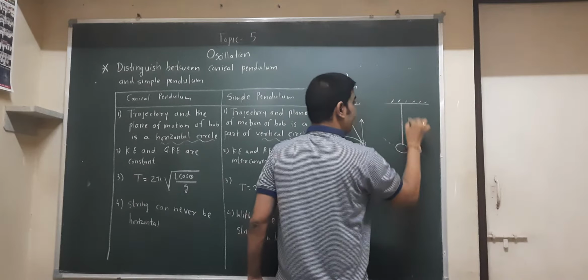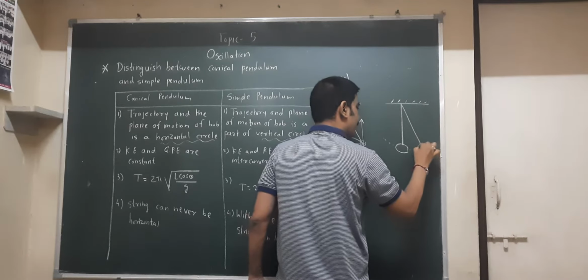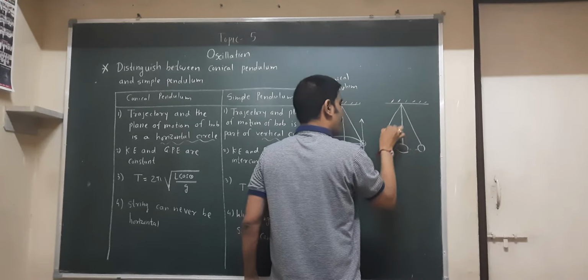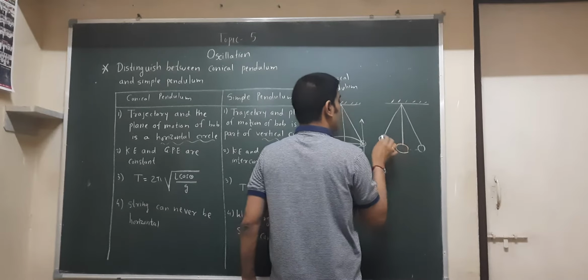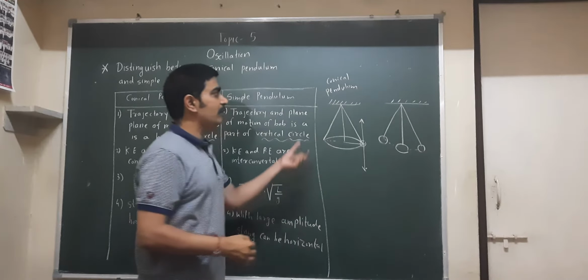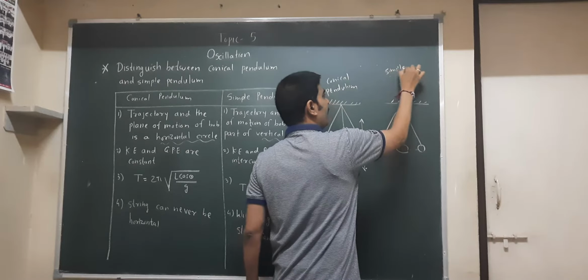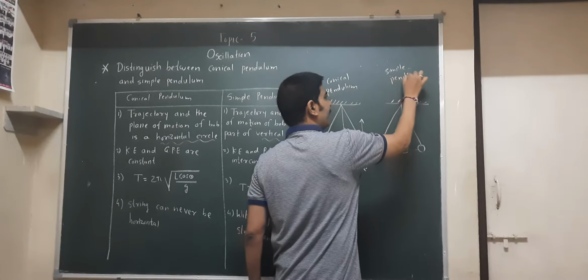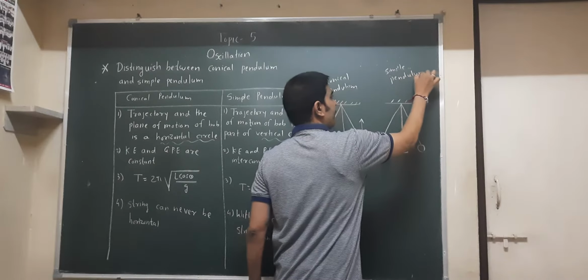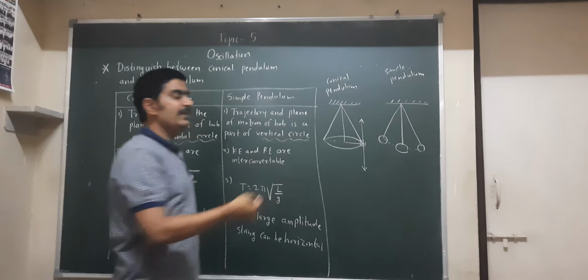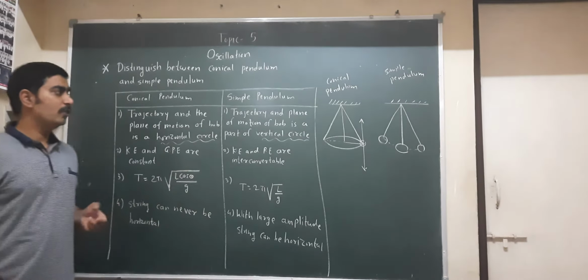And this is the diagram for the simple pendulum, which we have discussed in the last article. So this is the conical pendulum diagram and this is the simple pendulum diagram, so that it will be much easier for us to make the distinguishing points.